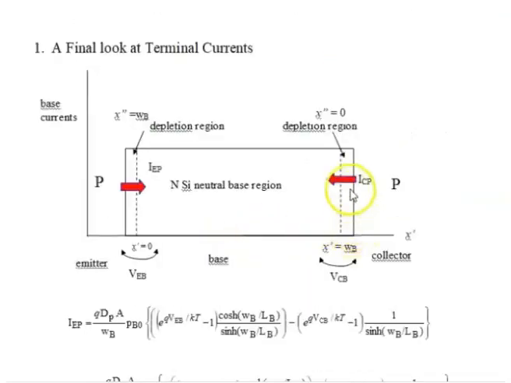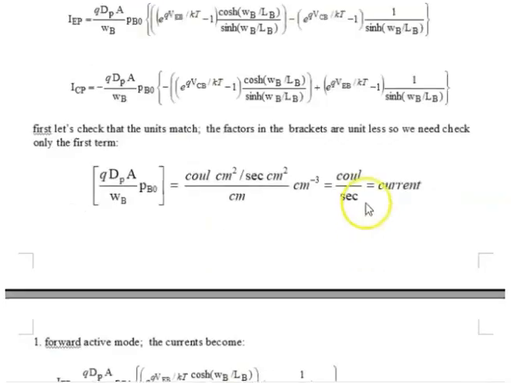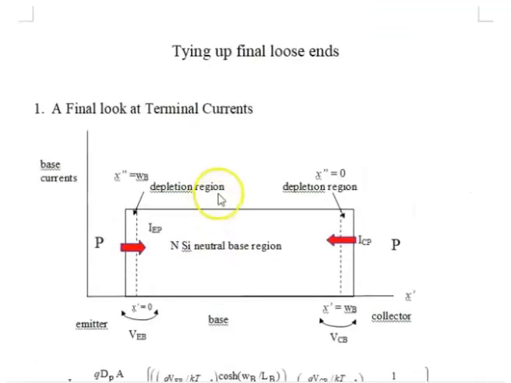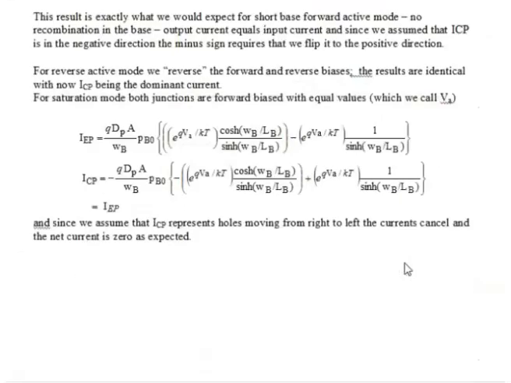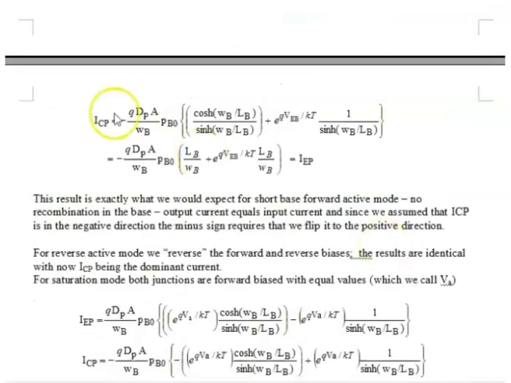So for the ICP, we have this term right here, and because ICP has been defined as going from right to left in the negative direction, this term is actually positive, and that makes sense because we know that in the forward active mode, the effect of the collector is to make the total current IC greater than it would have been without the effect of the collector.